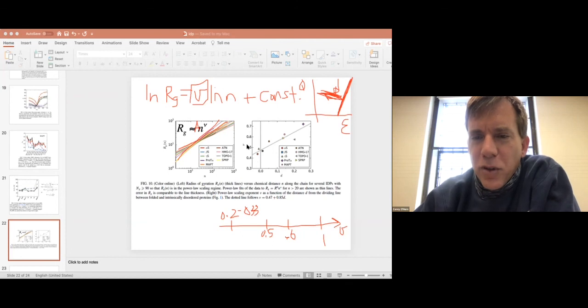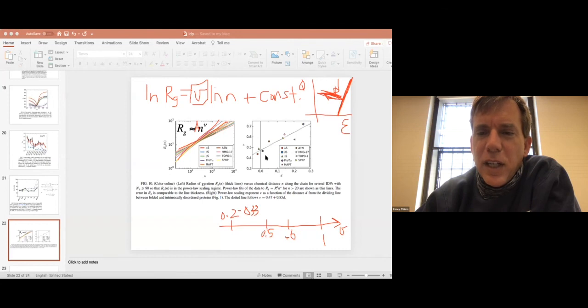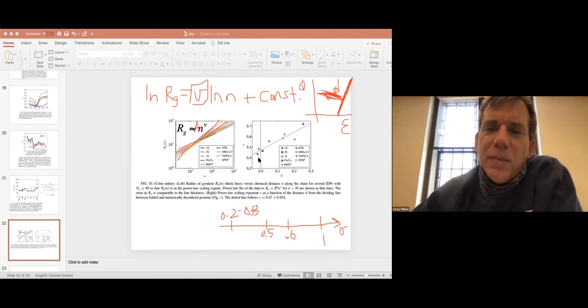And so those are the bounds of the vertical axis in the right panel. You see that if D is 0, so if you're very close to a folded protein, you're more on the collapsed side, maybe from 0.3 to 0.5, in the folded protein limit.